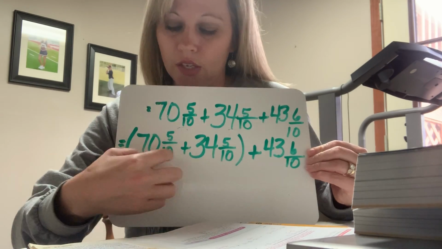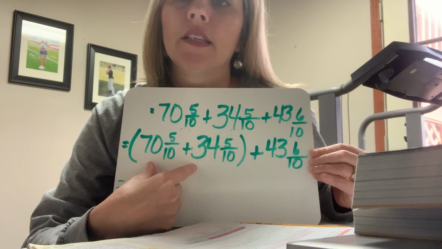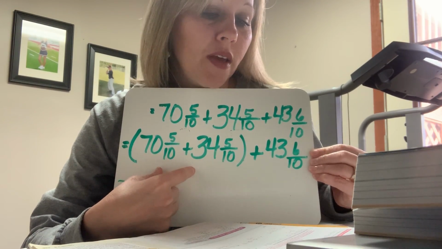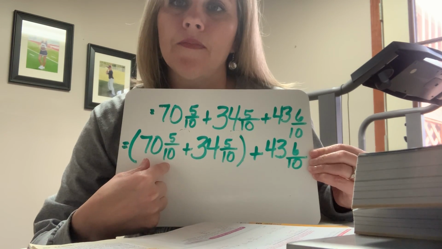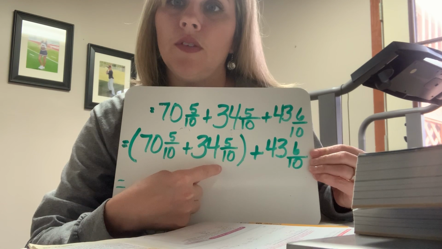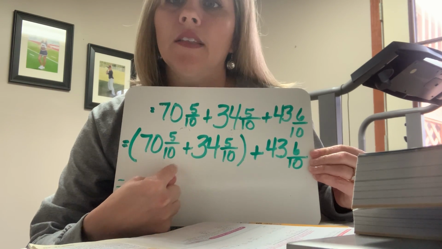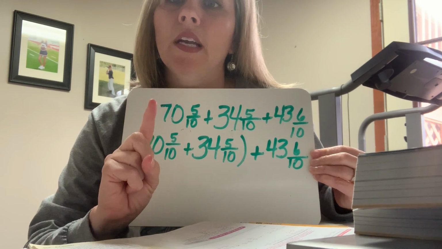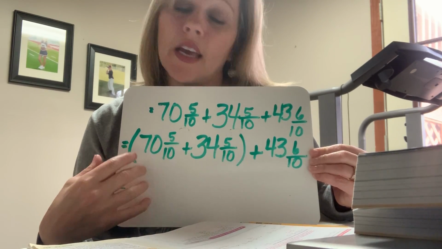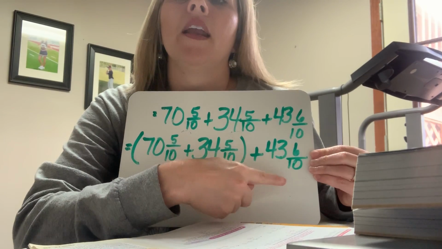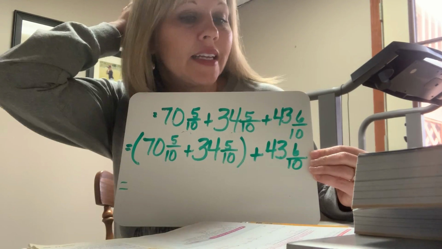We're going to group these two together in parentheses using the associative property to change that grouping, because it makes it easier for us to add 5 tenths and 5 tenths. Do you see that? 5 tenths plus 5 tenths gives us a whole, doesn't it? So that's why I would group these two fractions together. Then I would add 43 and 6 tenths to that.